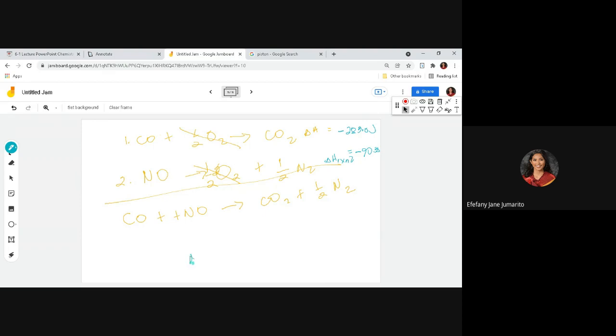So delta H overall is equal to negative 373.3 joules. This will be your final or overall heat enthalpy needed to release.